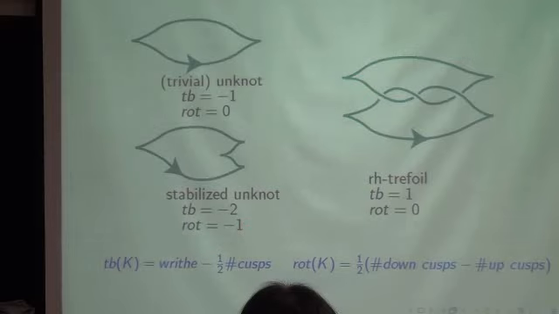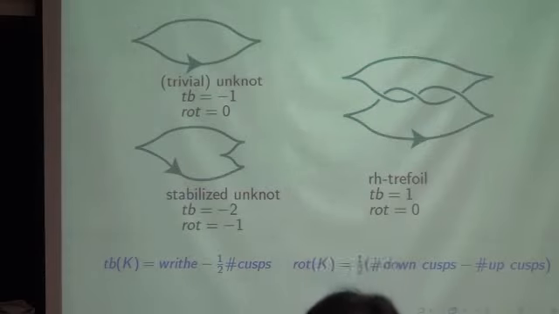So one thing that you see here is you have 2 different unknots. They're the same topological knot type, but they're different Legendrian knot types. So the rigidity of working in a contact structure and having a Legendrian knot means that for each topological knot type, there are many Legendrian knot types. And you can see that adding a stabilization changes our Legendrian knot type.